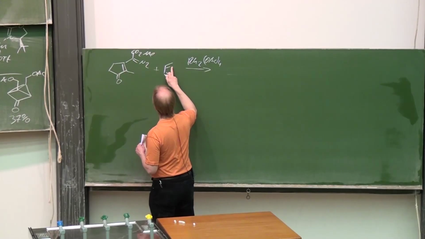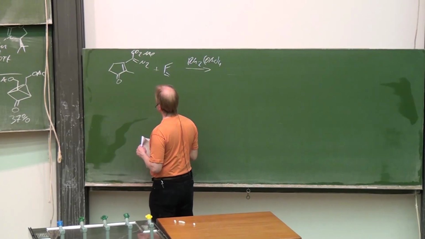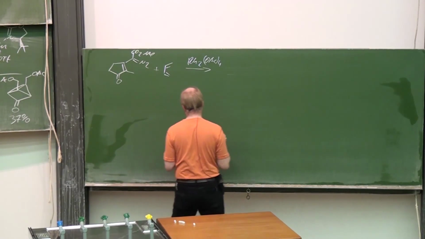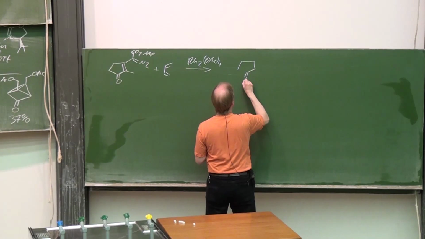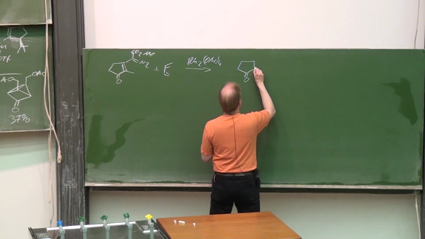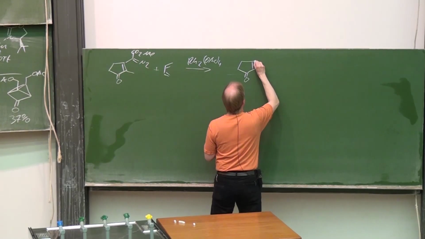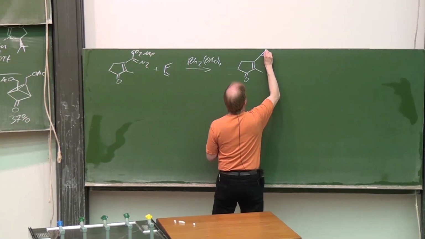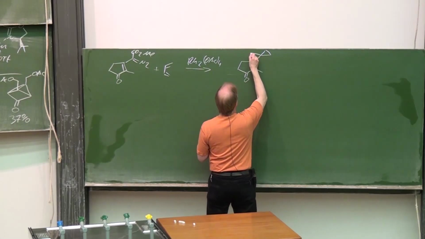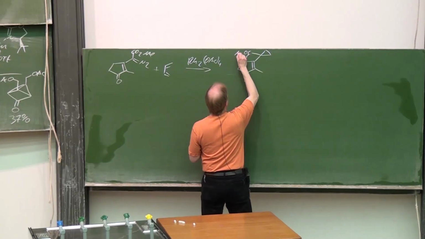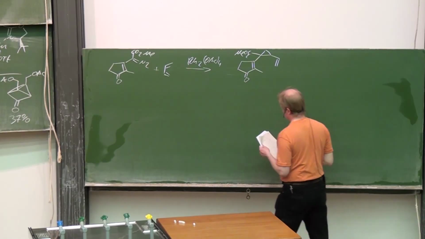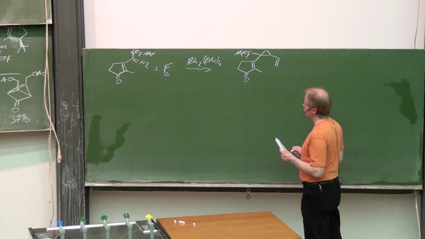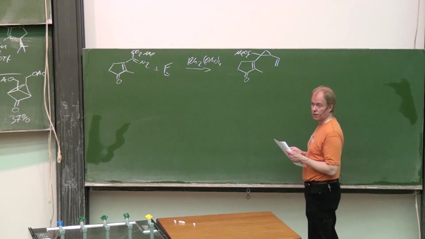Cyclopropane formation at one olefinic moiety of a butadiene. Gives this product which can be isolated.